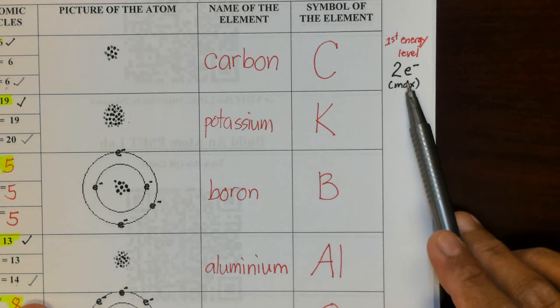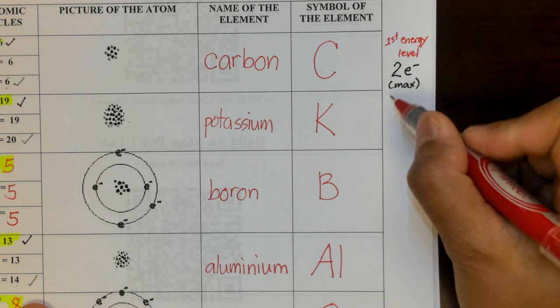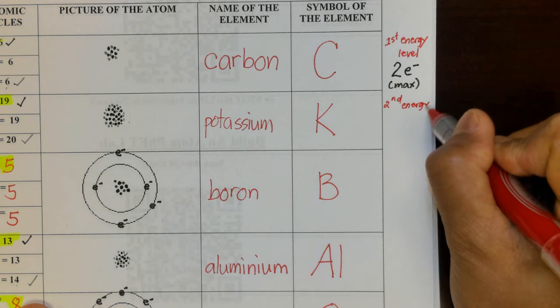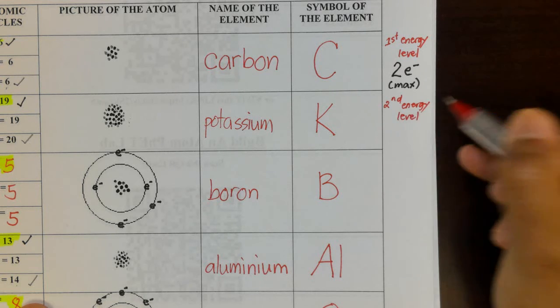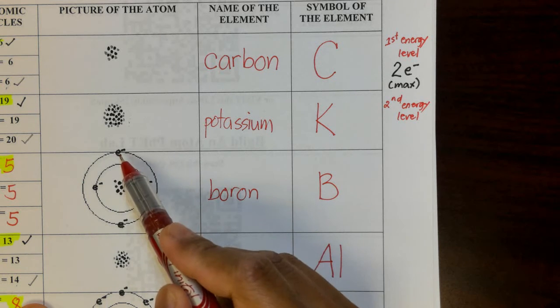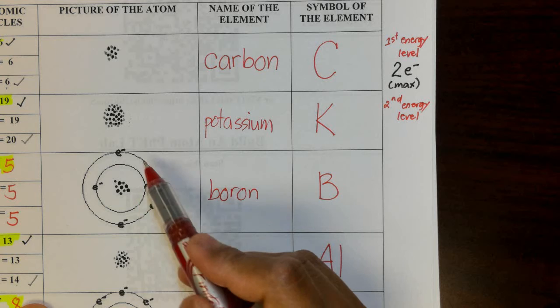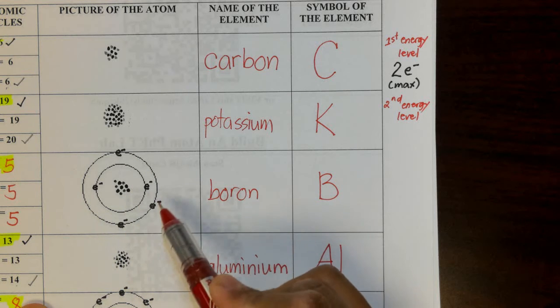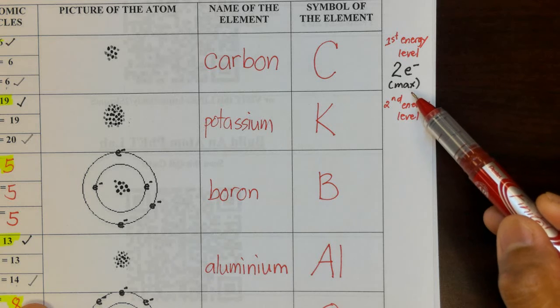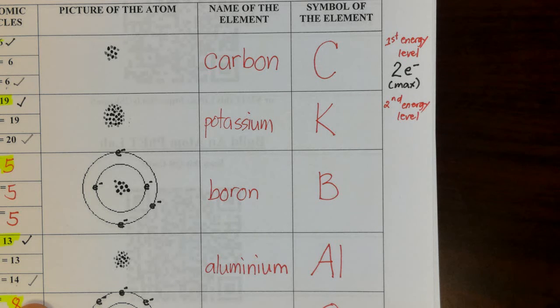If 2 electrons is not enough because you have more than 2, then you have to proceed to the second energy level. In the second energy level, it means you need to draw another circle after the first circle. So this is the second energy level of boron. The next question is, what's the max I can put in my second energy level?